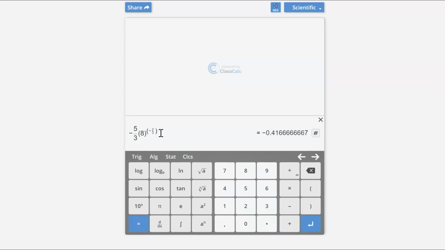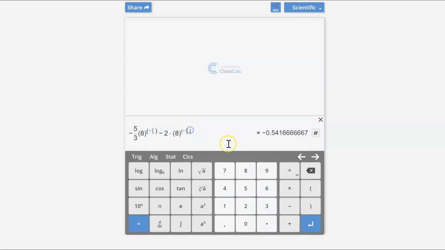Then you have negative 2 times 8 to the negative 4/3. So to the, and then you enclose it in a parenthesis, negative 4 divided by 3.